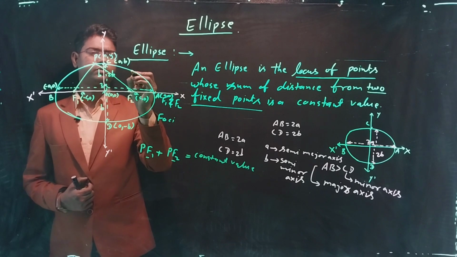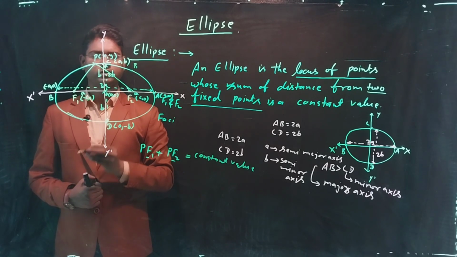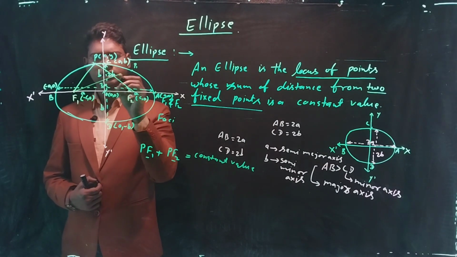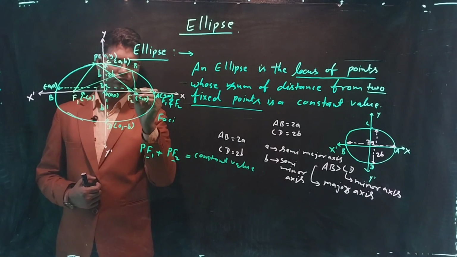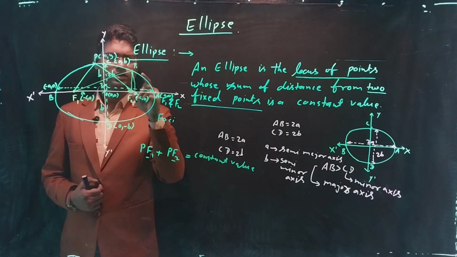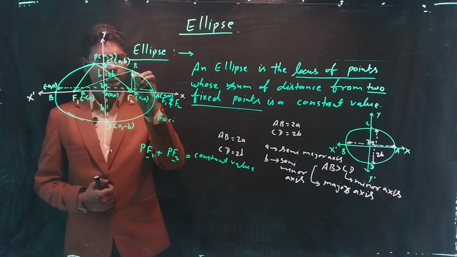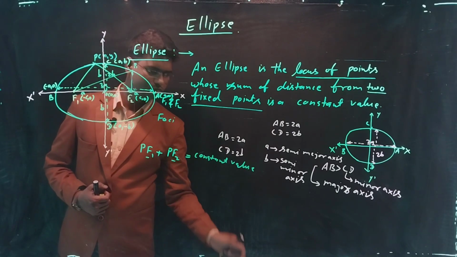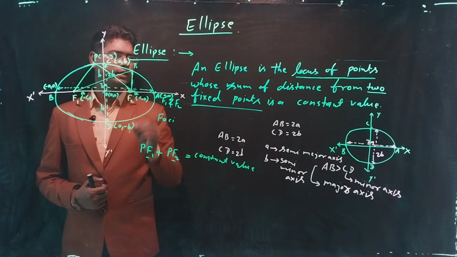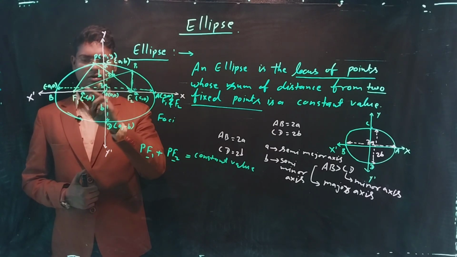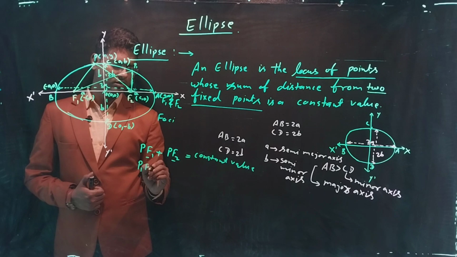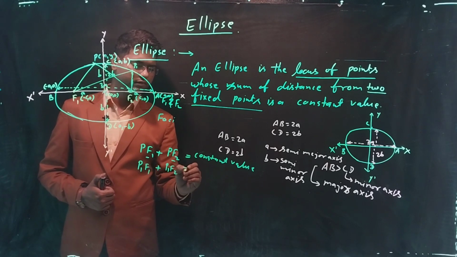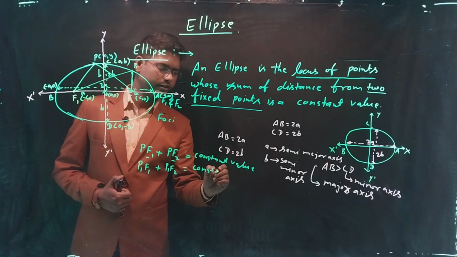Similarly, if we put another point P1 on this ellipse and connect P1 with F1 and P1 with F2, now I am going to erase this extra line. Again, from this definition, the length of P1F1 plus the length of P1F2 will also be a constant value.